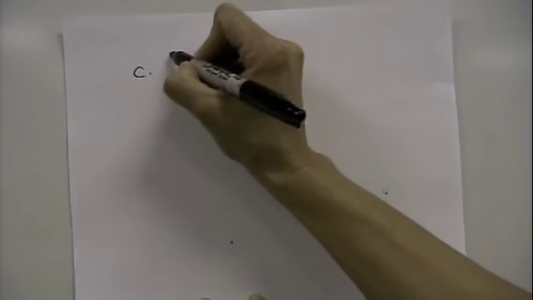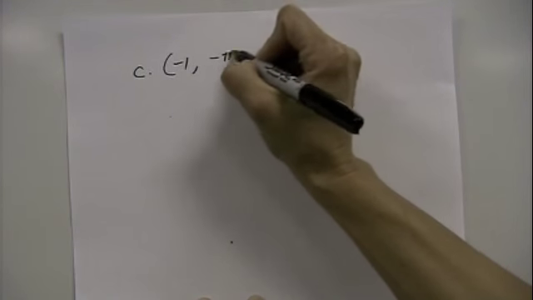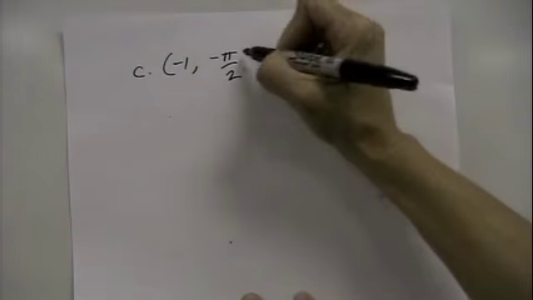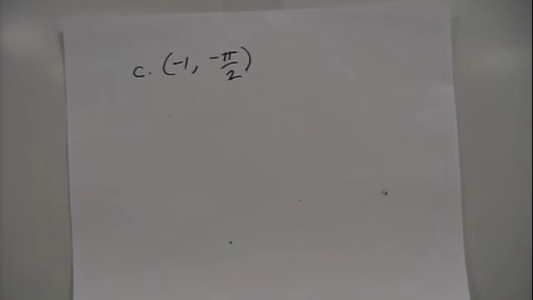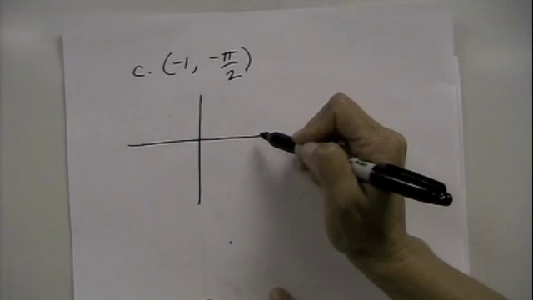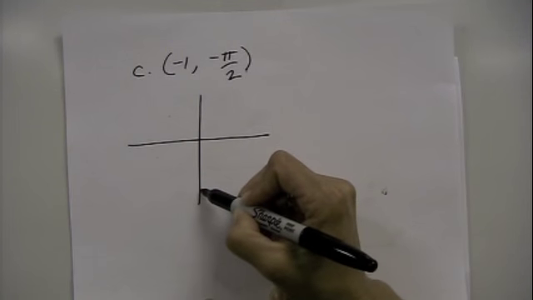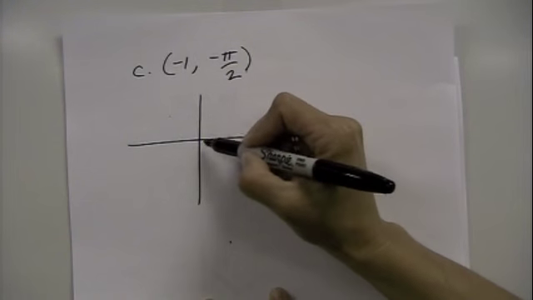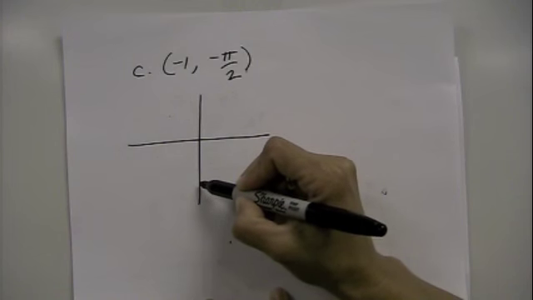For our point C, we're going to do -1, -pi over 2. And when doing this, we're going to rotate -pi over 2, which puts us down here. Again, if that was a +1, we would go out 1, and then your point would be right here, but instead you're going to reflect it back.